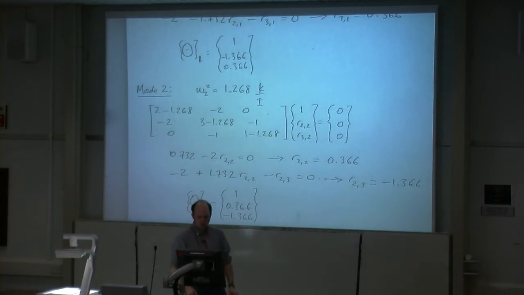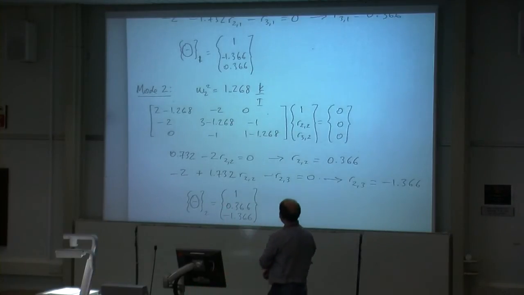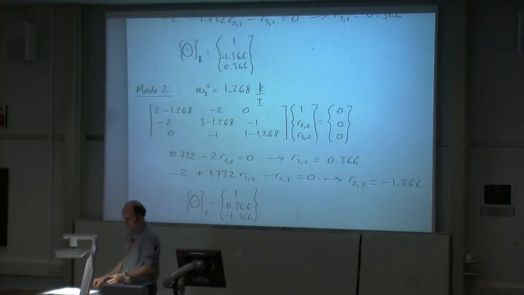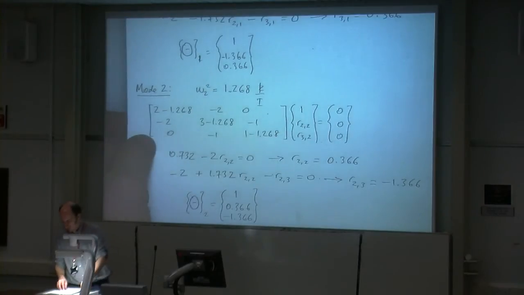So there we go, there's the second mode shape, or theta 2.